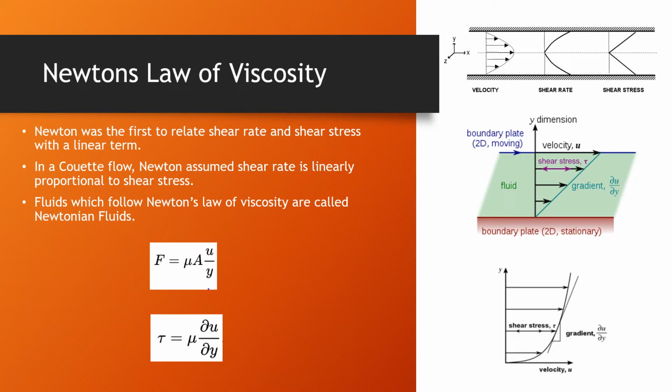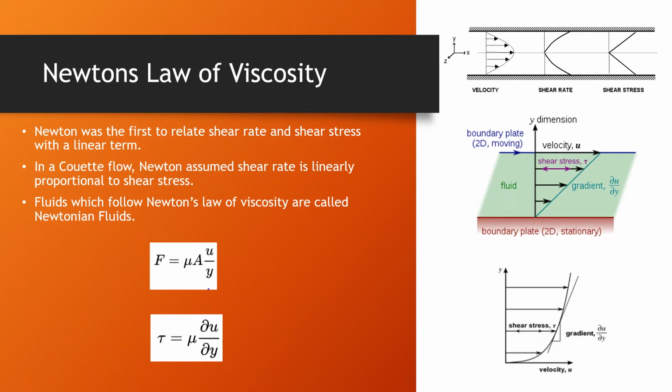From that you can see that the force acting on the top plate would be proportional to the velocity of the plate u and the area of the plate in contact with the fluid, that is A, and it would be inversely proportional to the distance between the top and the bottom plate. So the force F would be proportional to A u divided by y.